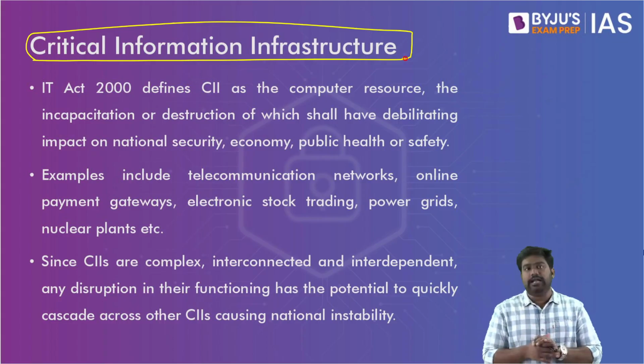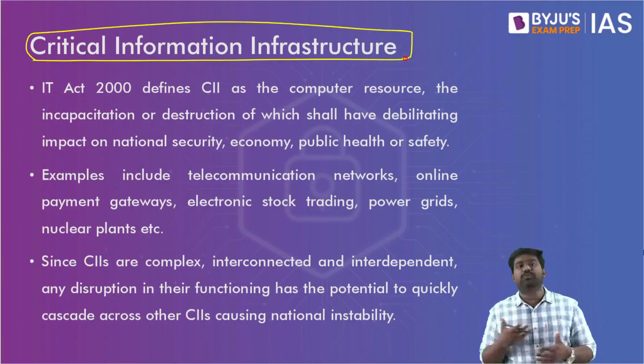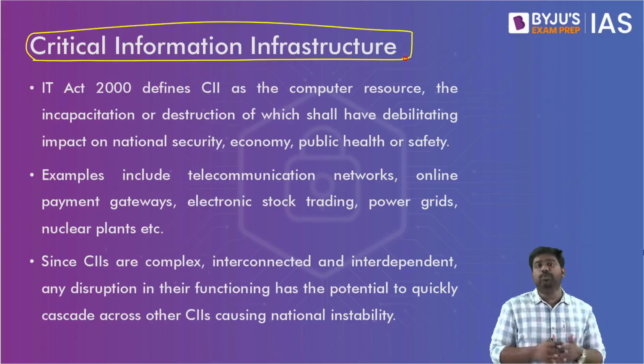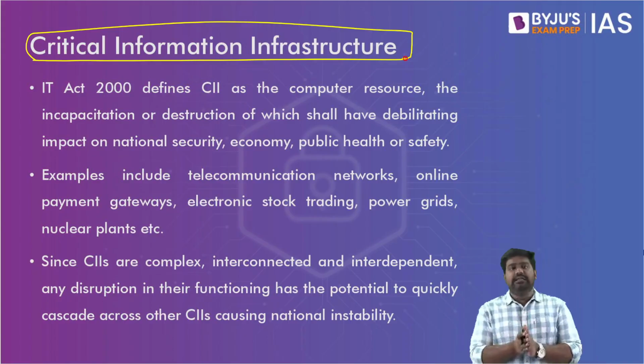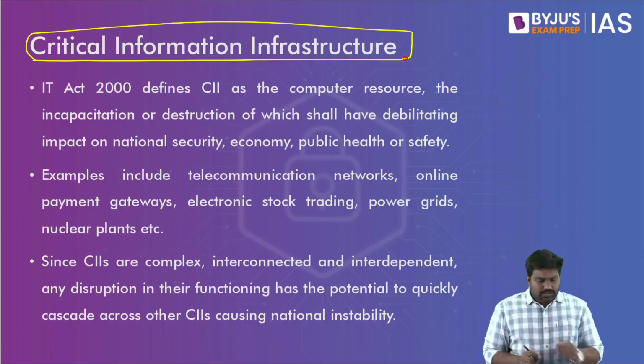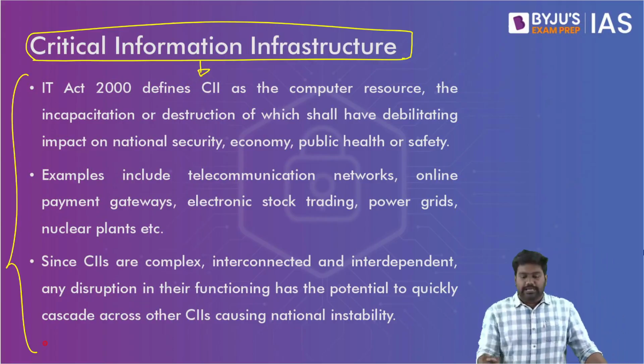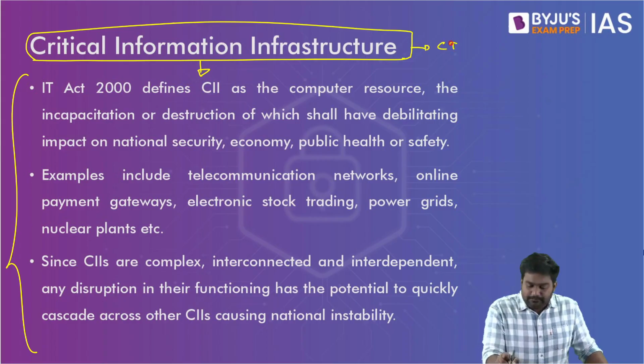Where does India stand with regard to cyber threats? What have we done to improve our cyber security? What institutions do we have? What laws and policies do we have? That is something we will study, and that will basically complete this chapter. All right. So let's see what is critical information infrastructure, or CII.